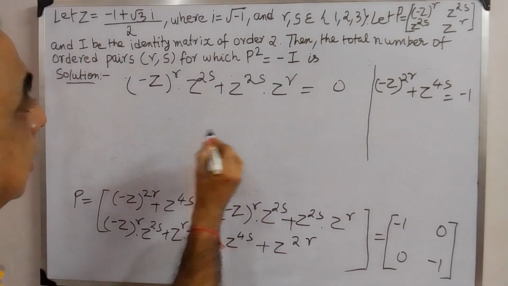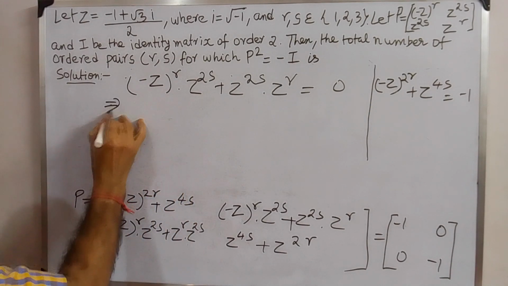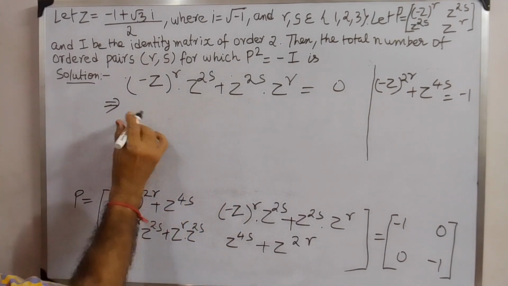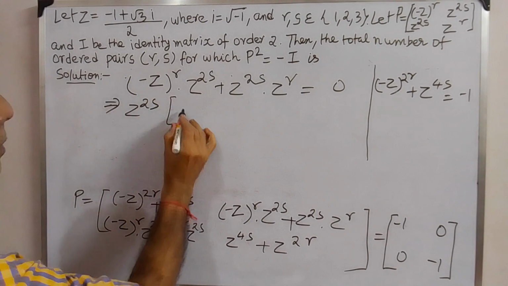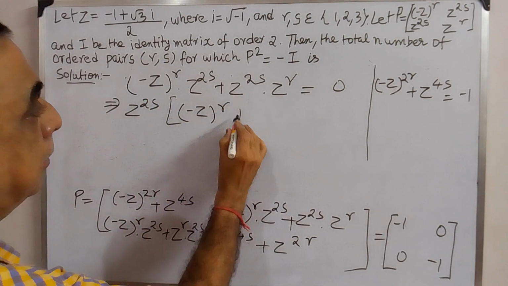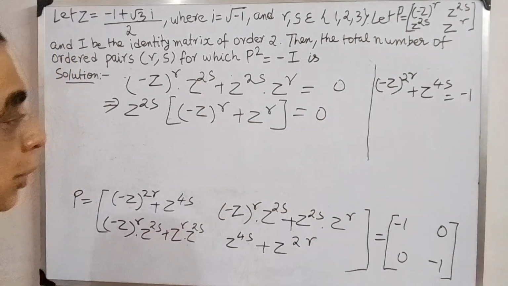Here we are noticing that z to the power 2s is common. So take z to the power 2s common. What is left here? Minus z to the power r plus z to the power r equals 0.